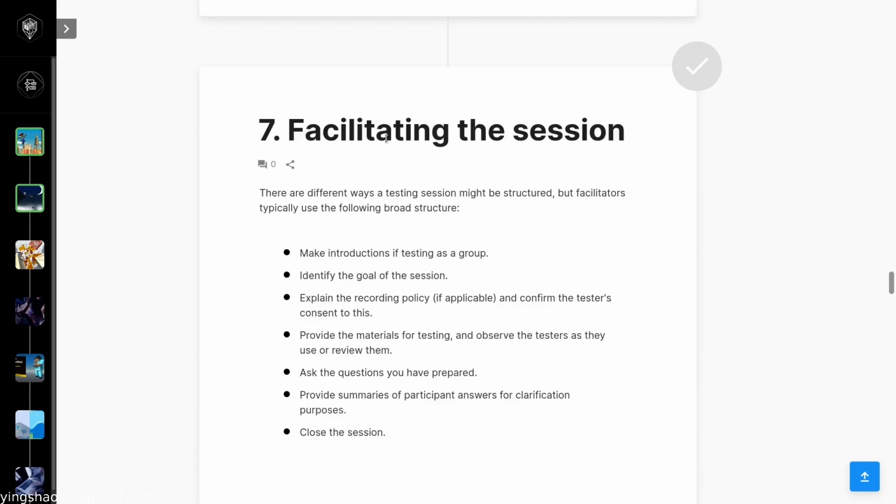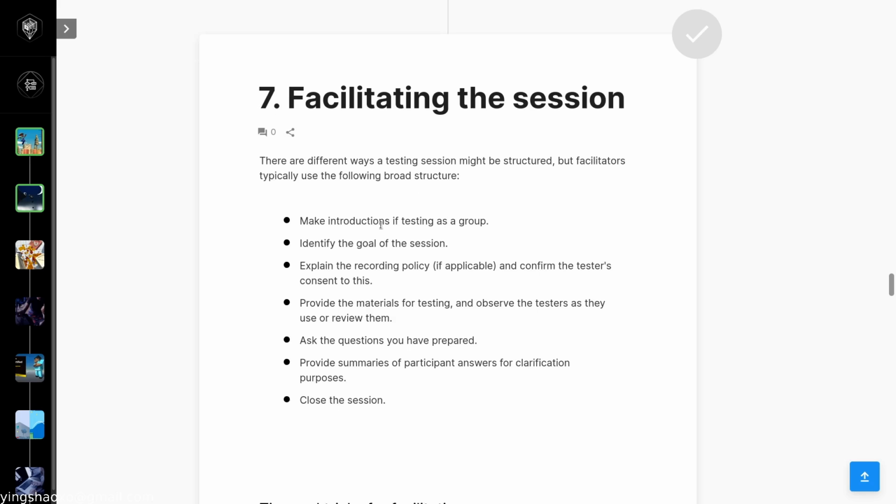7. Facilitating the session. There are different ways the test session might be structured, but facilitators typically use the following broad structure. Make introductions if testing as a group. Identify the goal of the session.